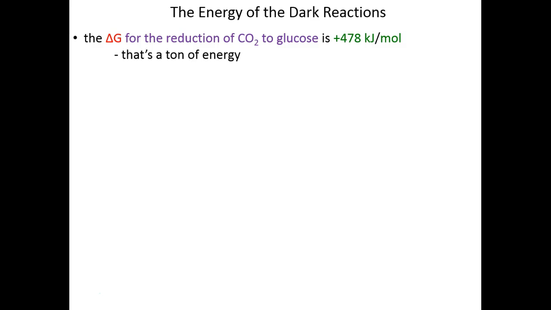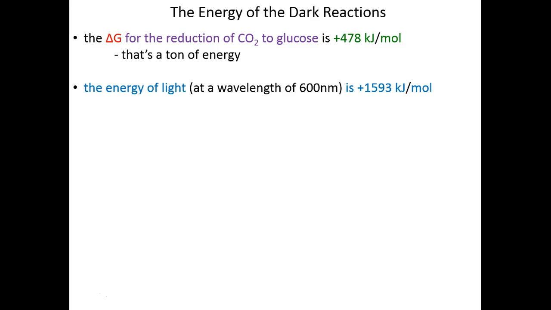Let's consider the dark reactions from an energetic perspective. The delta G for all of the reactions that create glucose in the Calvin cycle is, my goodness, a positive 478 kilojoules per mole. That's a lot of energy that goes into making glucose.